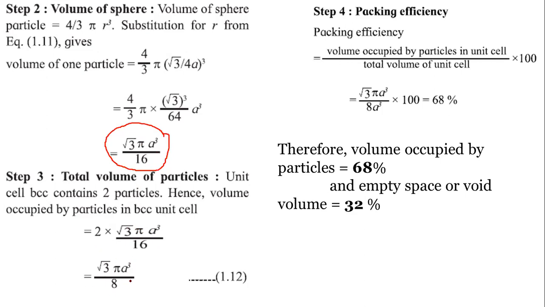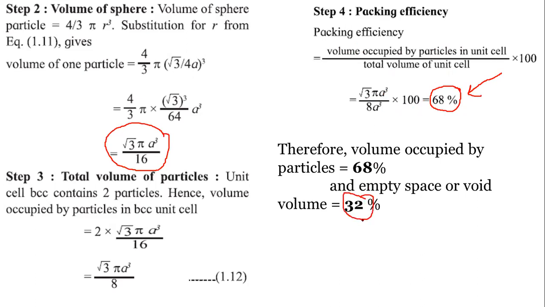Now we have to calculate the packing efficiency. You have the formula of packing efficiency: volume occupied by the particles divided by total volume of the unit cell. So root 3 pi a cube divided by 8 a cube into 100, we get 68%. So 68% is the volume occupied by the body centered cubic cell, and 32% is empty space.